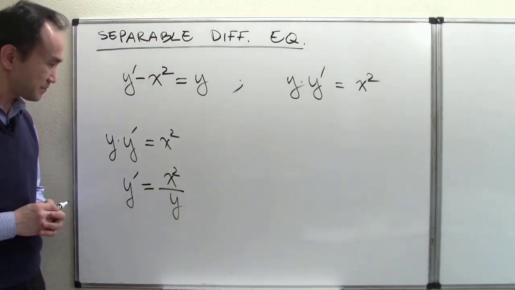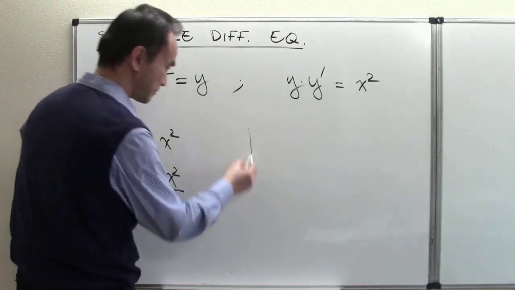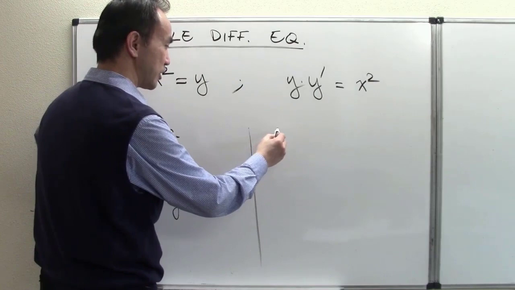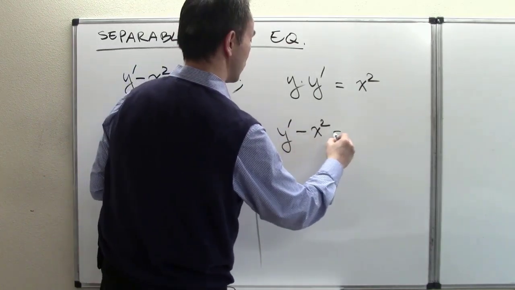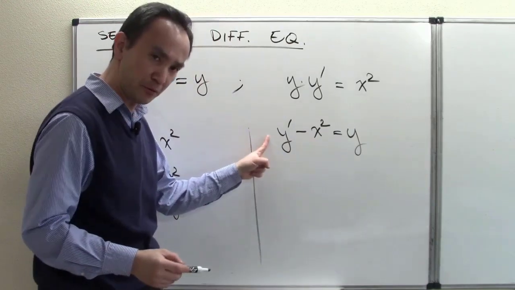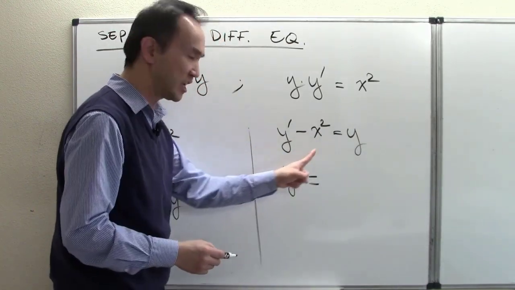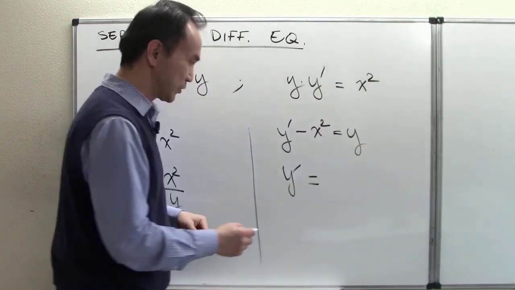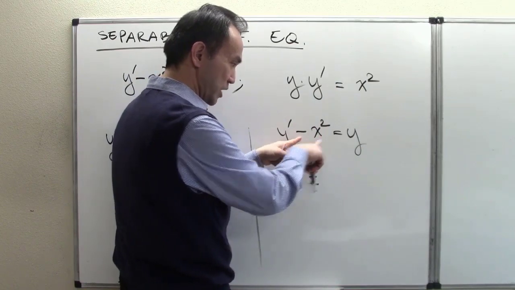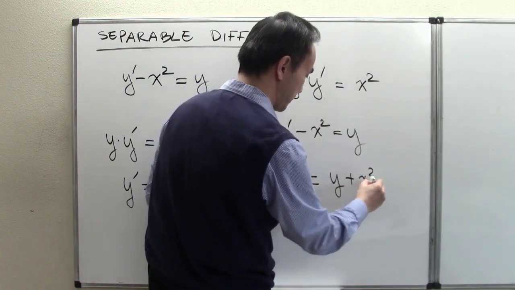All right. Same way with the other equation. I'm now going to solve, starting with y prime minus x squared equals y, for y prime to be an expression in terms of the remaining variables. So here I'm adding that x squared to the other side, making it y plus x squared.